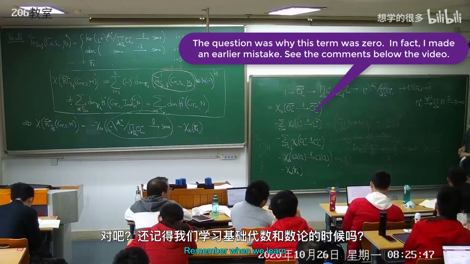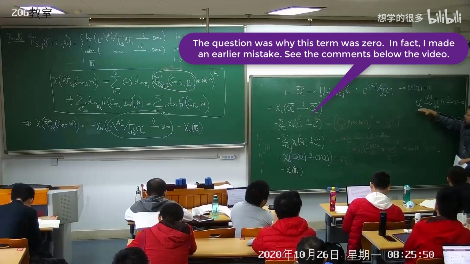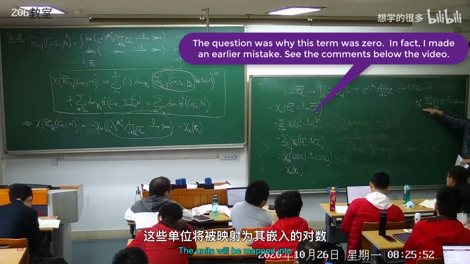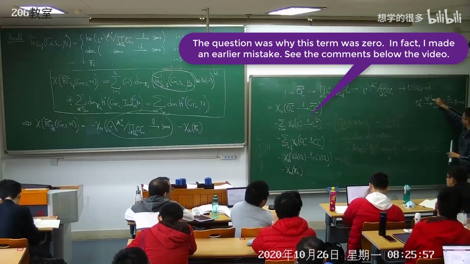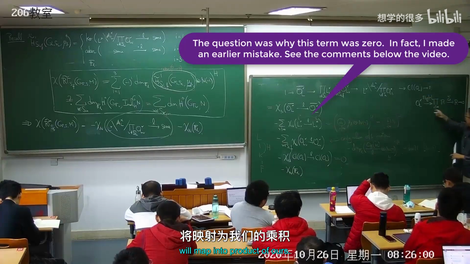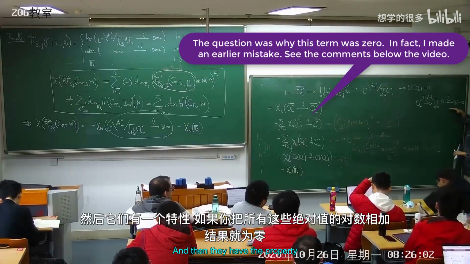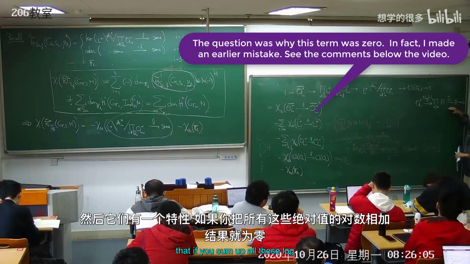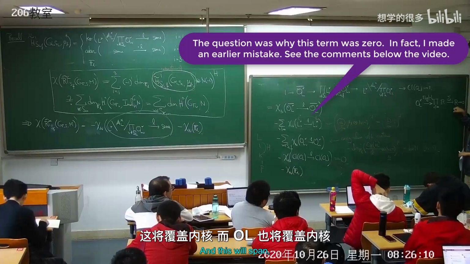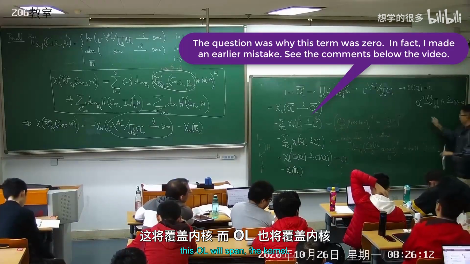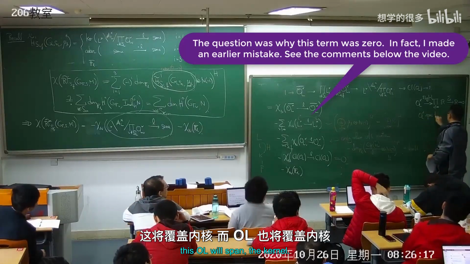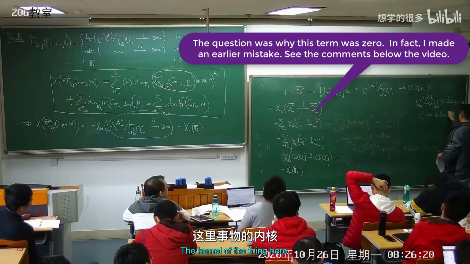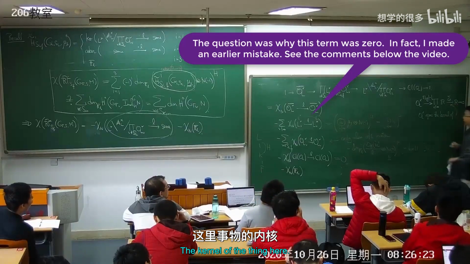Right? I mean, remember when we learned basic algebraic number theory, the units will be mapped into taking the log of their embeddings. We'll map into a product of R's, and then they have the property that if you sum up all the logs of the absolute values, you get 0. And this OL will span the kernel of the thing here.